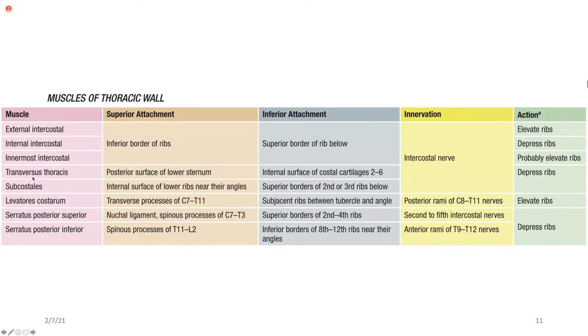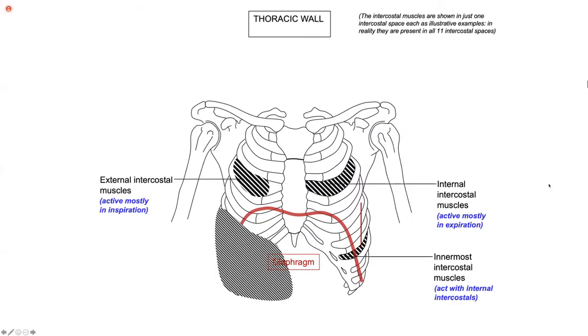Guys, you are expected to be good with external, internal, innermost, transversus, subcostalis, and these lower three are good to know. But these upper five you must know. Spend time. I derived this table from Moore. It's not rocket science. Okay, so we were here. I hope everything is clear.